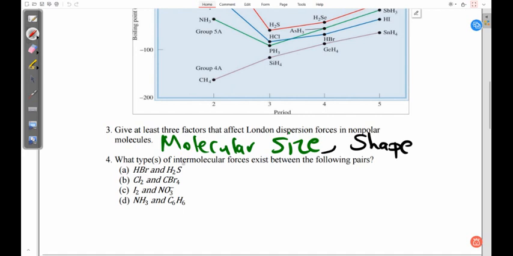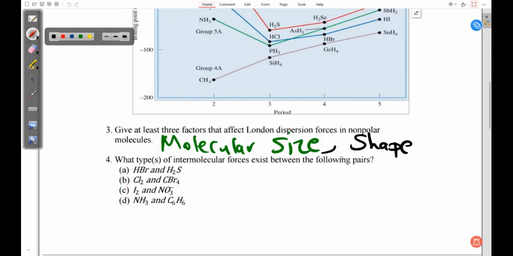They are also affected by the shape of the molecule. The ones that are stretched out or longer have more surface area for interaction than compact shapes.